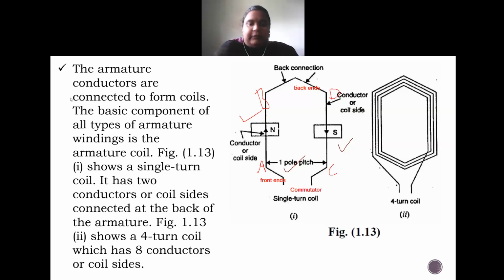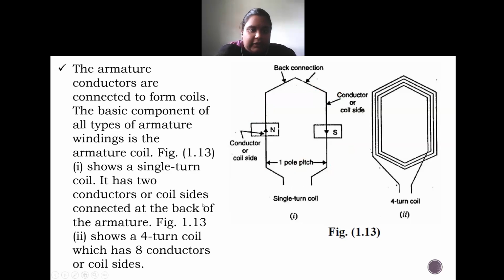So that's why we need to make sure that one of the conductors is under the influence of one pole, and the other conductor, or the other coil side, is under the influence of the opposite pole. Okay, so this is the basic structure of the armature coil.